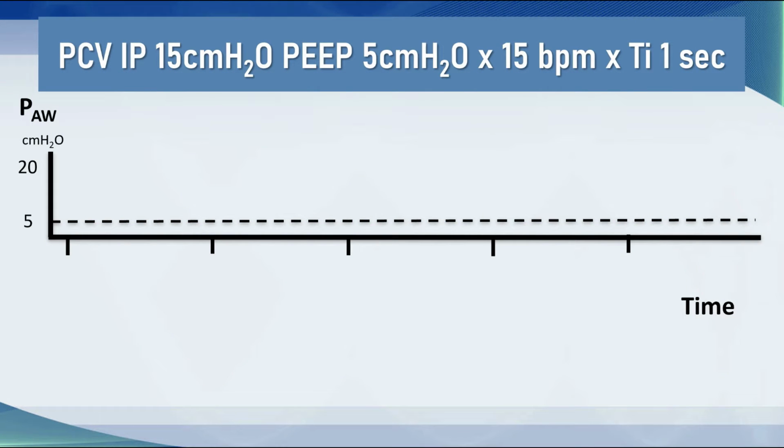In the following scenarios, we are going to put a patient on pressure control ventilation with a PEEP of 5 and an inspiratory pressure that also equals the driving pressure, and that's 15 centimeters of water. So these are fairly standard settings to start with. The patient is going to receive 15 breaths per minute, and in this scenario, the inspiratory time is 1 second.